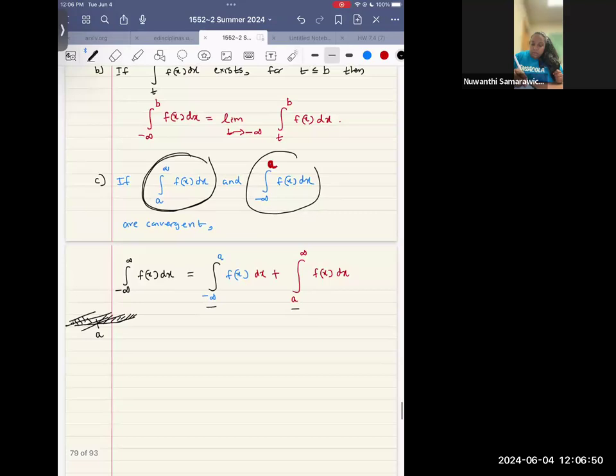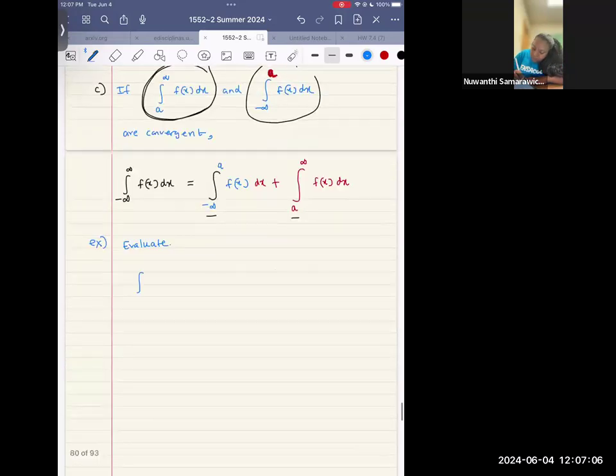So, okay, let's do an example to understand this one, because we didn't do any example. Evaluate the integral from negative infinity to infinity, your integrand is 1 over 1 plus x squared dx.